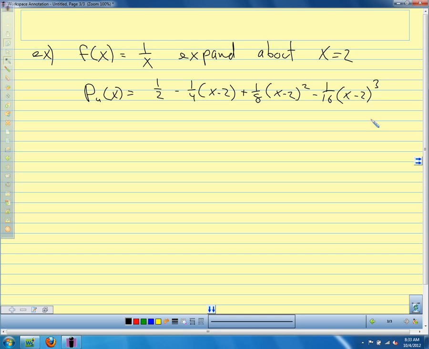So what we want to do when we're working with a power series is find a general expression for the nth term. We want to be able to write this in sigma notation, with summation notation.